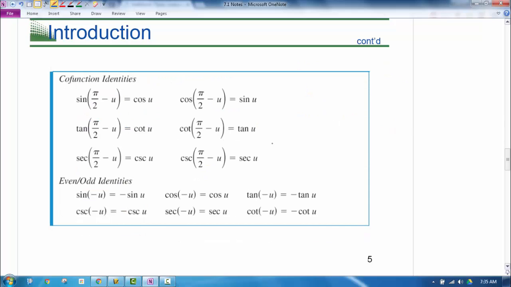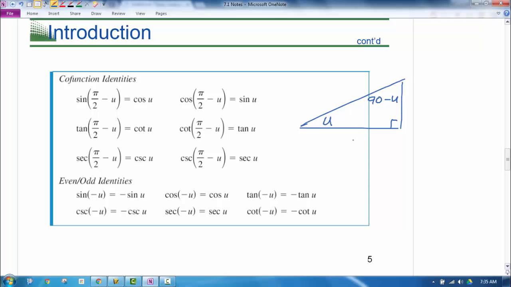Okay, these cofunction identities are things we're not going to use as much. These basically say that the sine of 90 minus the angle is equal to the cosine of the angle, and that comes actually from a right triangle, because if you call this angle u, this would be angle 90 minus u.